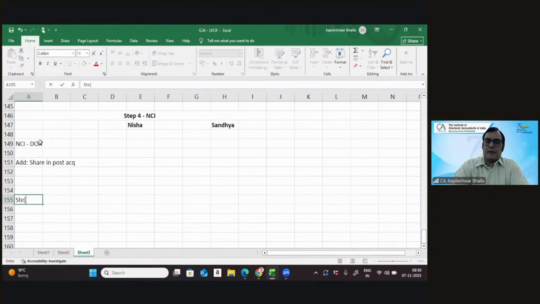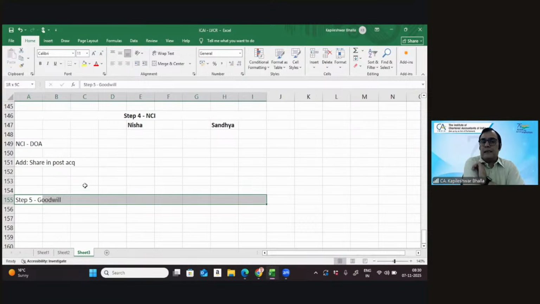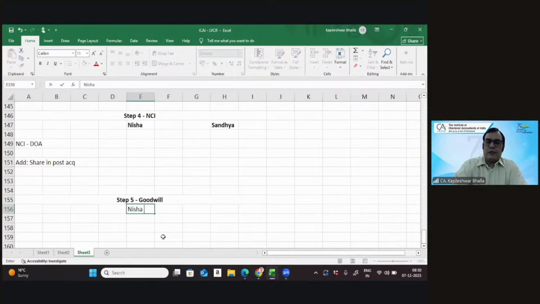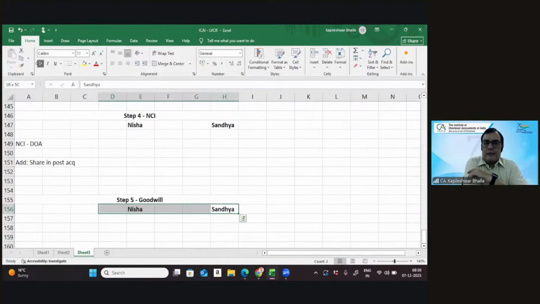Let's go to step number 5, that is the goodwill calculation. We're just organizing the information so we can see the inputs clearly. We need it for Nisha and for Sandhya. Let's organize the input.